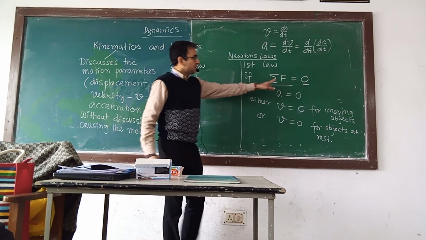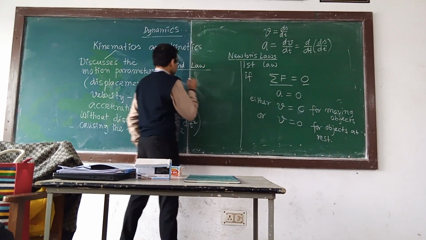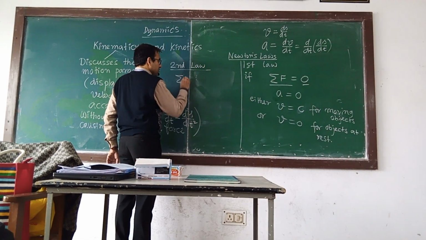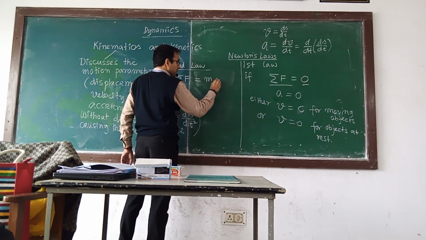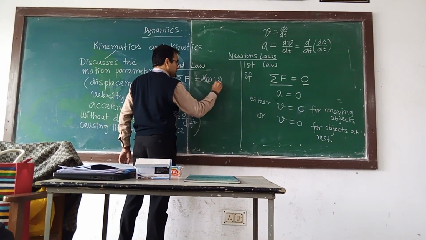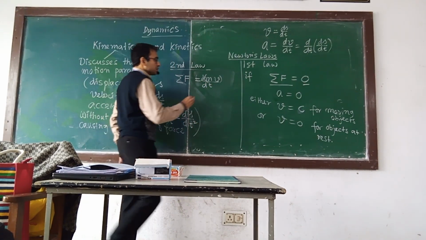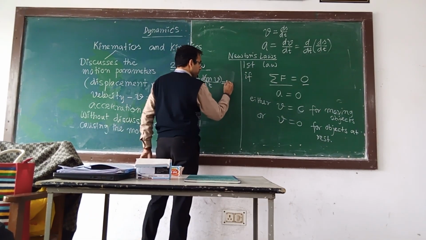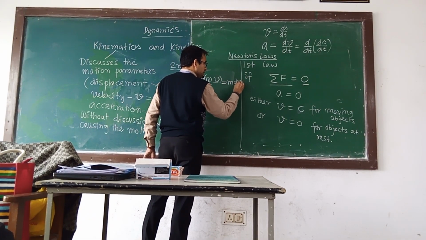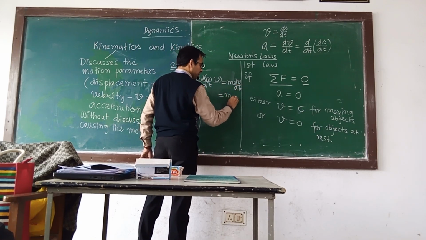If this is not zero, then force is equal to d/dt of m times v. Right? So if the mass is constant, then mass can be taken out. So it will be m dv/dt, and therefore you can write m into a.